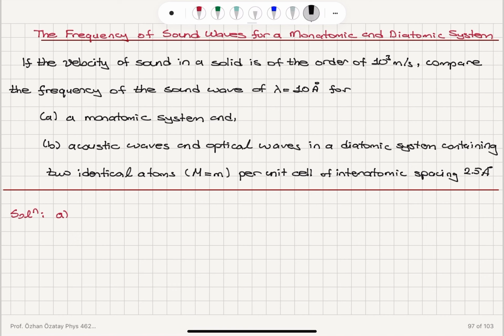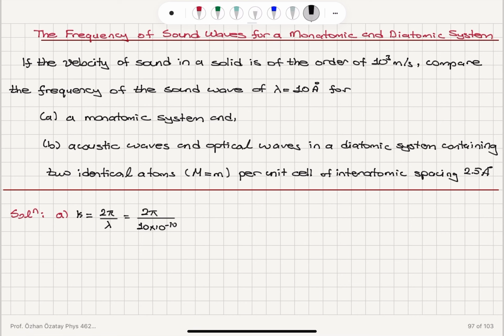So we have the wave number k equal to 2 pi over lambda, that is 2 pi divided by 10 times 10 to the minus 10 meters, that's angstroms.